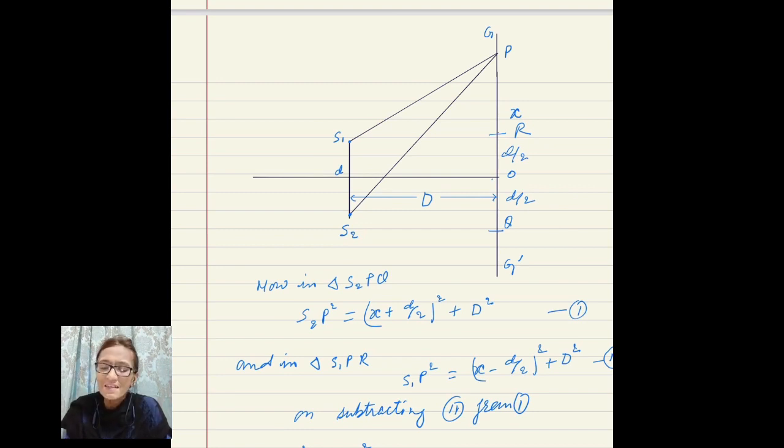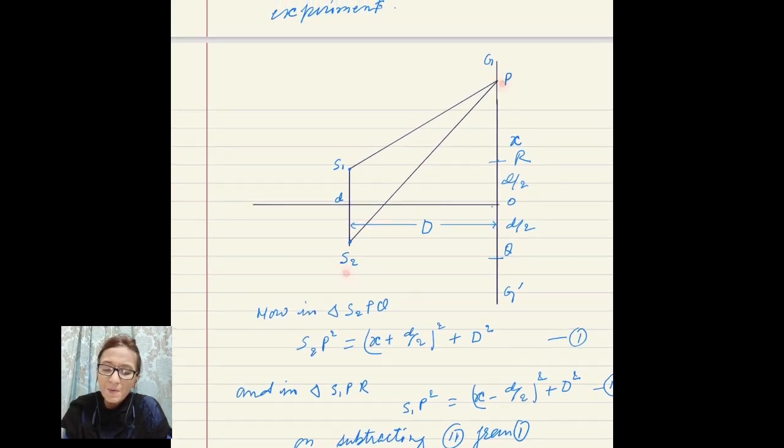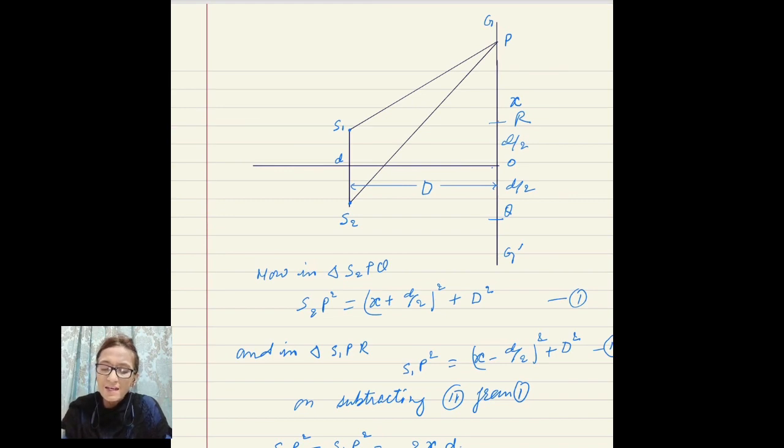Now let us consider the waveform at point P. There is a point P which is x distance above the middle point O. Now you have 2 triangles, PS2Q and PS1R. So let us find S2P square. In this right angle triangle, hypotenuse square is equal to base square plus perpendicular square.